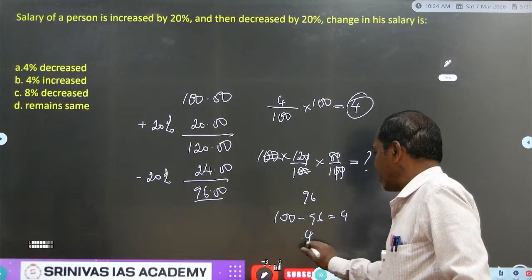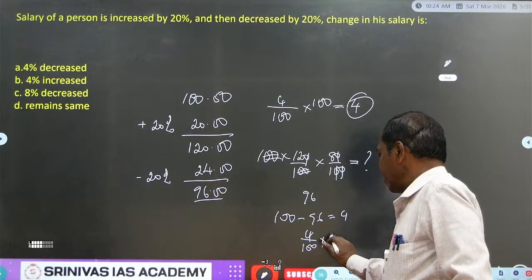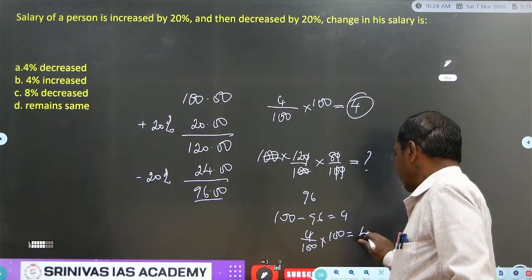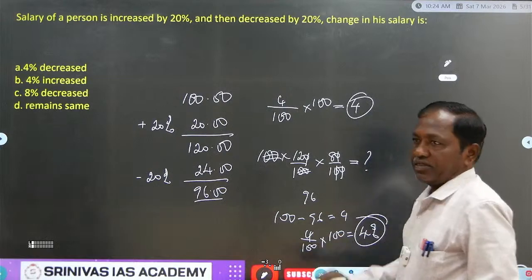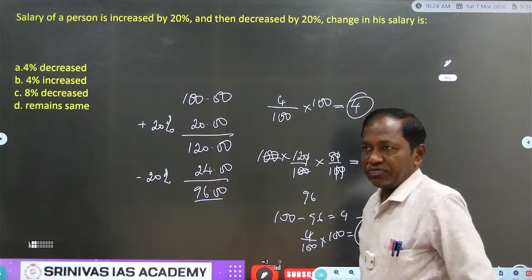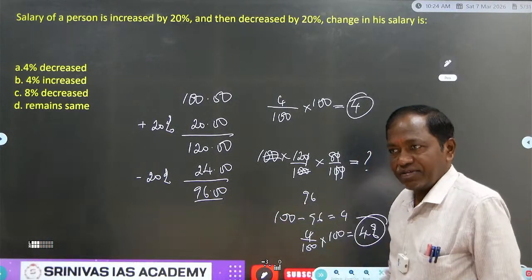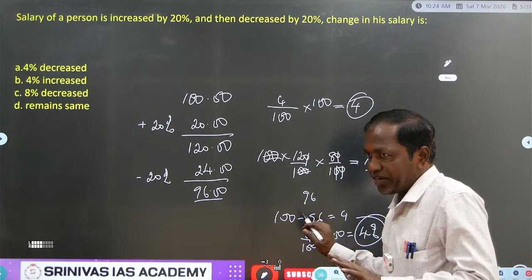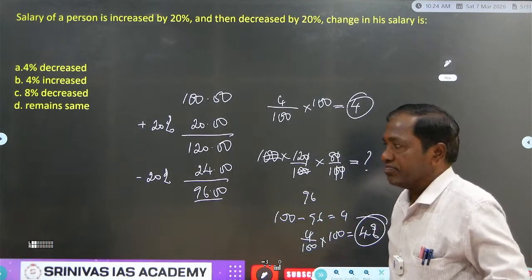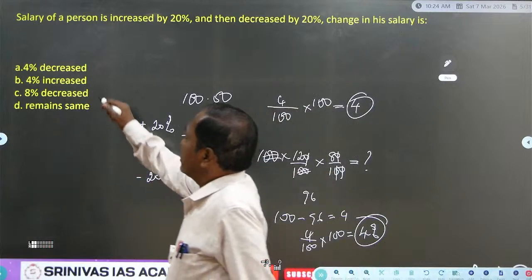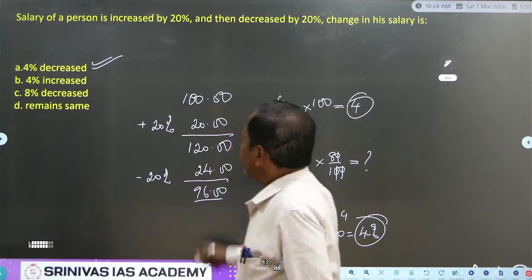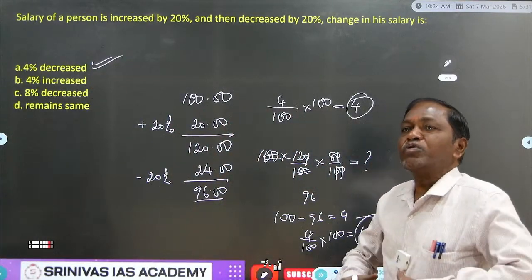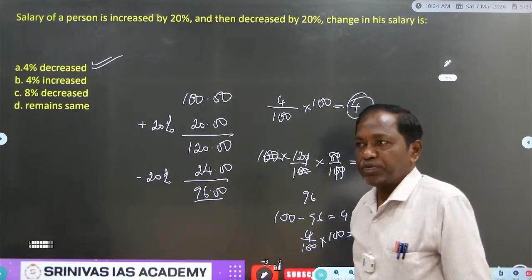In terms of percentage, 4 by 100 into 100 is 4%. That's how we should do it. I don't say the other way is wrong, but we need this pattern for the whole of aptitude. 4% decrease. This pattern demands more working space.